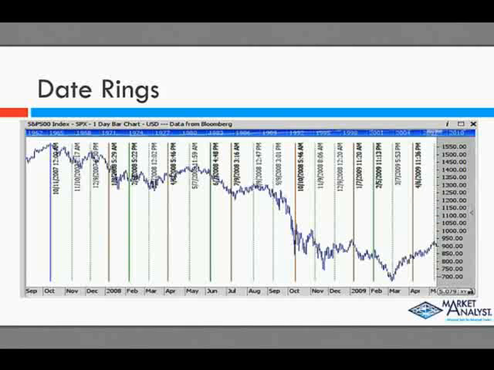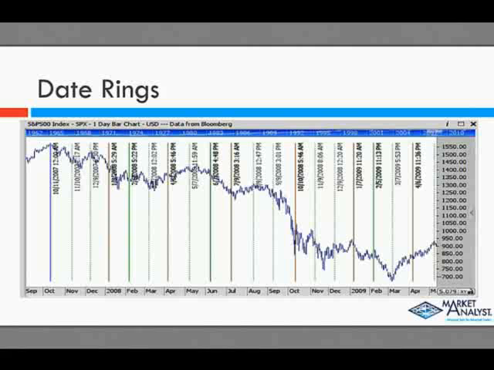Again, to reiterate what I said before, how do you know in advance whether it's going to be significant or not? You just don't. All it's doing is giving you an indication that, hang on, there's a day coming up which has a mathematical relationship to a previous major turn in the market. So let's watch out and be ready in case there is some sort of change of trend happening.